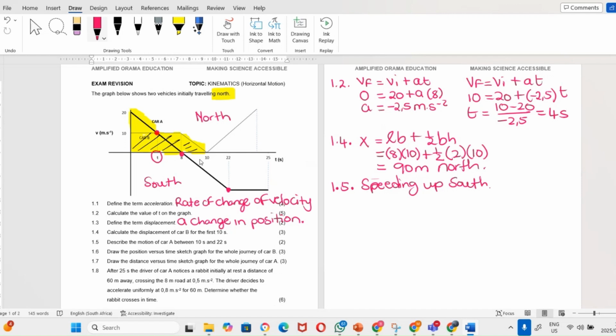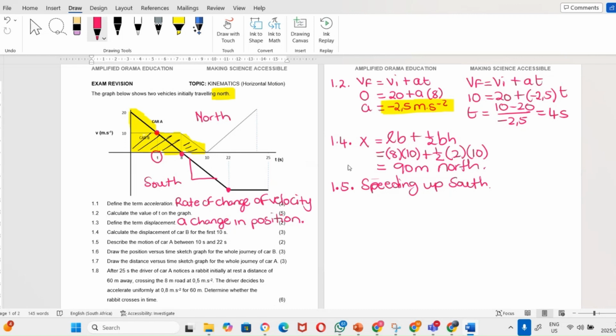But again, secondly, if you were to calculate the gradient of that line, you would get a negative value. To be quite specific, you'd get negative 2.5 meters per second squared.